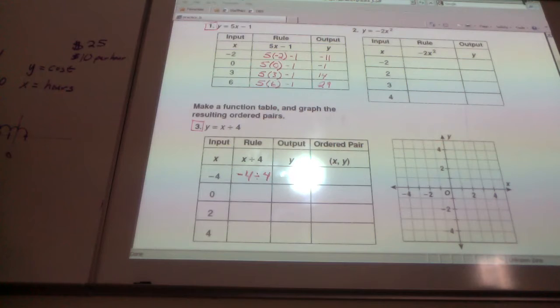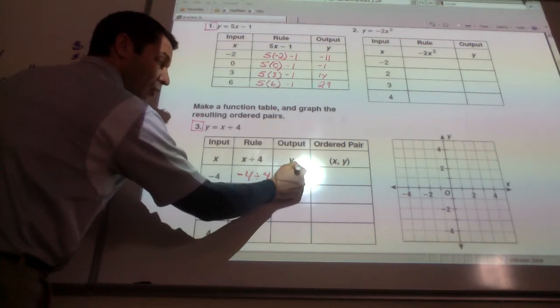What is -4 divided by -4? That's 1. When the signs are the same, the answer is positive; when the signs are different, when we're multiplying and dividing, the answer is always negative.